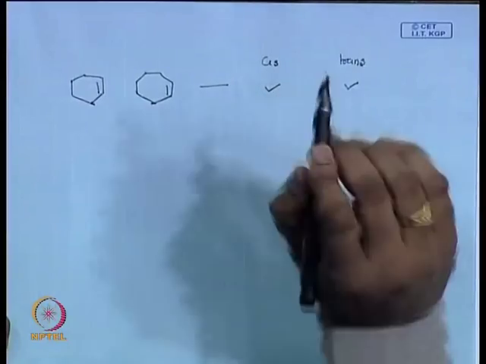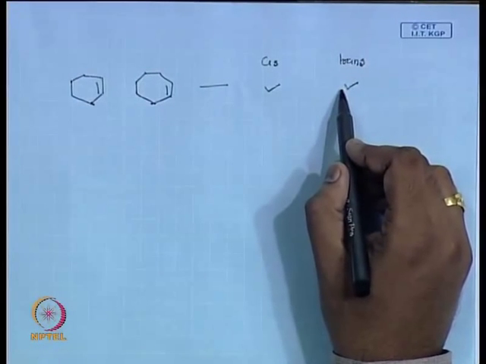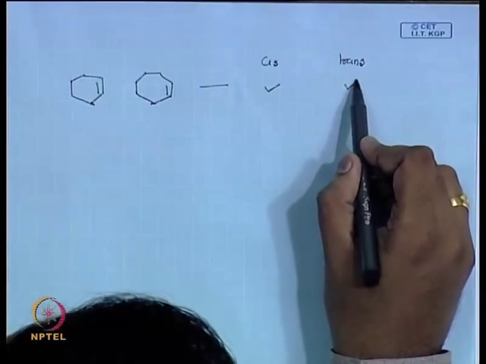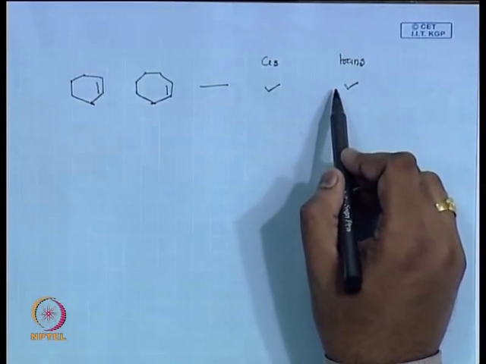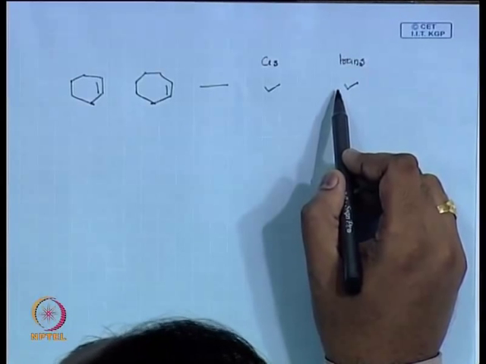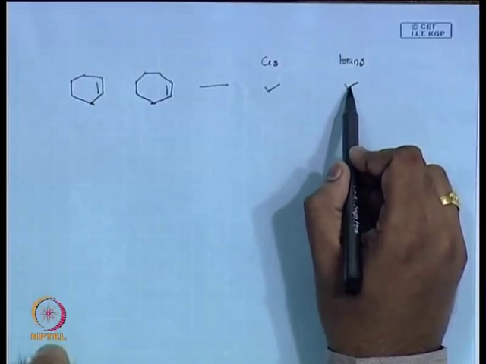Cis is always there. Sorry, trans is there too. I can give you examples where you can see trans systems in 6 membered rings and 7 membered rings, but the lifetime of the trans is very short. It will be 9 microseconds, 10 microseconds, and people have trapped the trans form. We will see those examples.